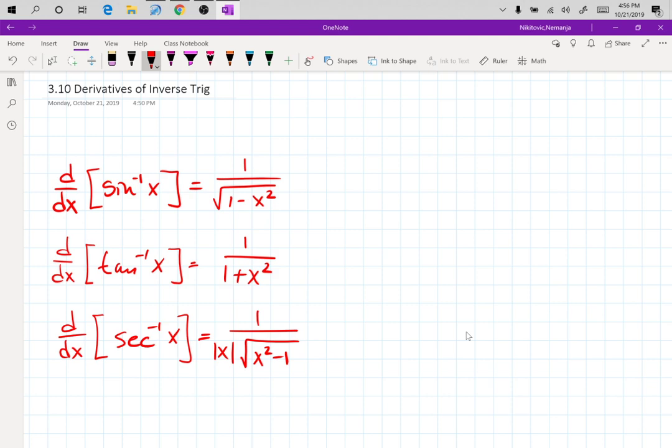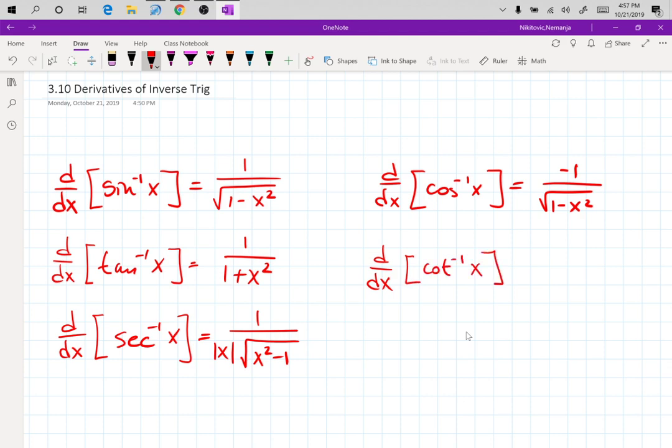And now, the really cool thing is that the other 3 are the same, they just have minus signs. So the derivative of cosine inverse of x is minus 1 over square root of 1 minus x squared. So it's really cool that if you know inverse sine, you know immediately inverse cosine. Just put a negative. And the same goes for all the other ones. So cotangent will just have a negative 1.